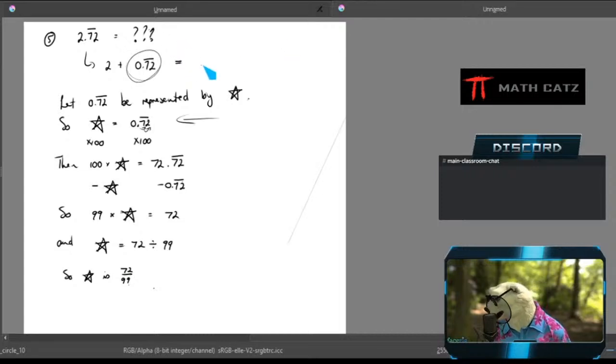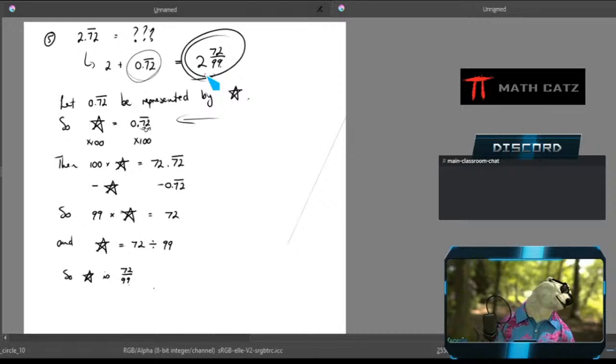So we have to go over here and say we actually have a mixed number, 2 and 72 over 99. So in part, it depends on your audience. You could do this with some examples and see, oh, well, if two of the digits repeat and there's nothing else fancy here, then the denominator is always 99.